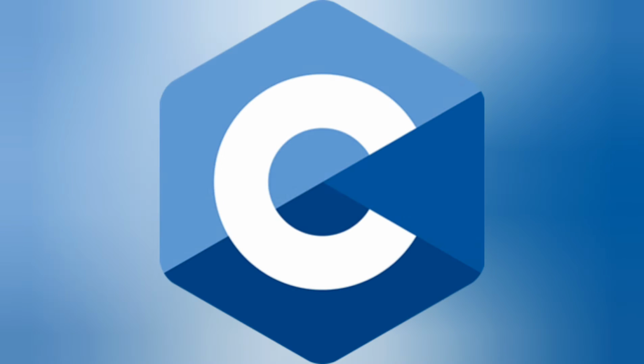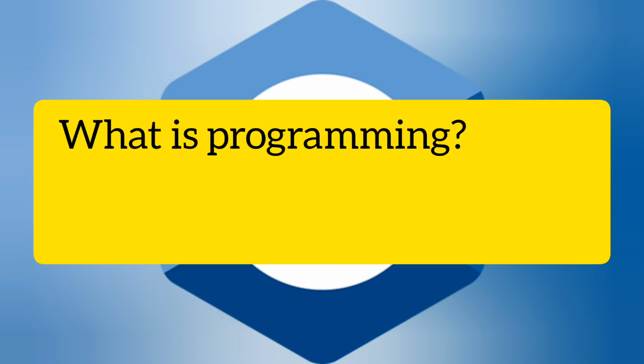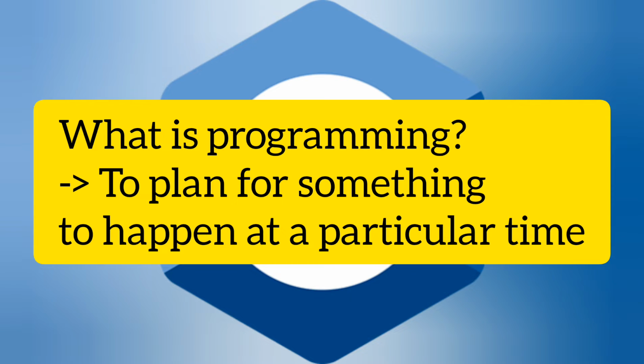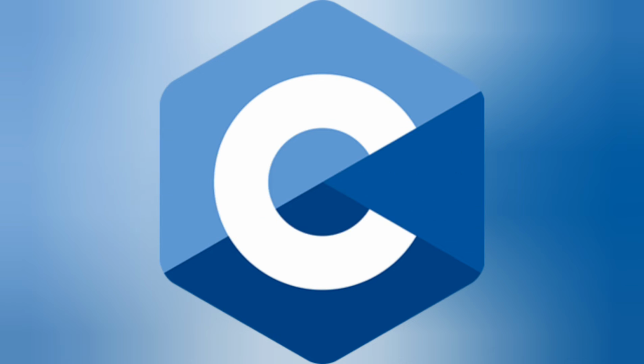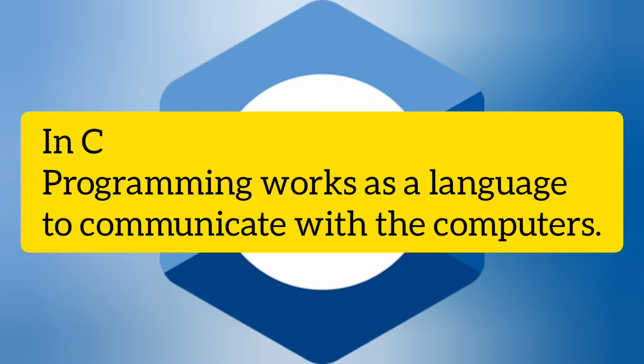First of all, we will see what programming is. Programming is a plan to make something happen at a particular time. Basically, in C language, programming is nothing but a language to communicate with the system, with the computer.